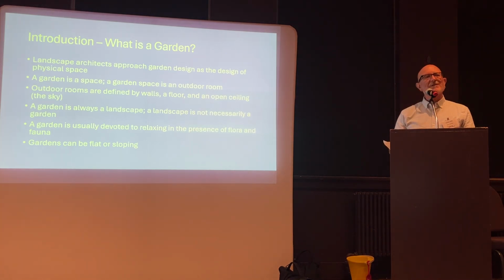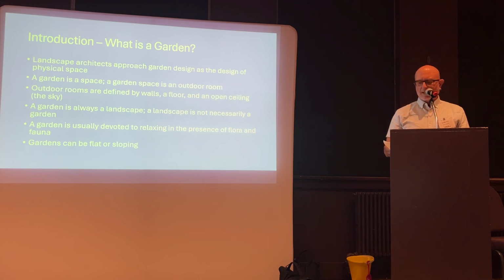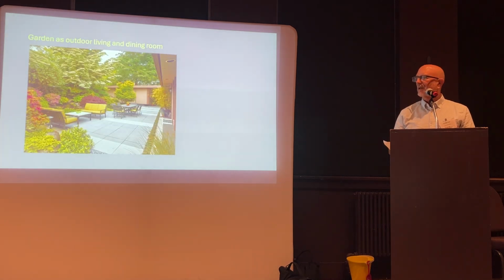A garden is always a landscape, but a landscape is not always a garden. So what is the difference? I think of a landscape as generally larger than a garden, and the other thing about a landscape in general is you don't necessarily know where the edges are, whereas with a garden, you're always or nearly always aware of the walls, which are the boundaries of the space.